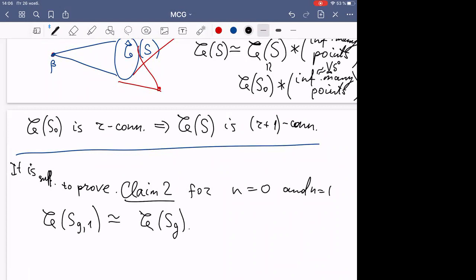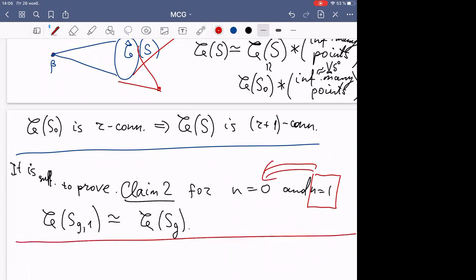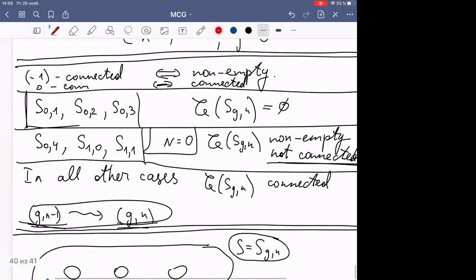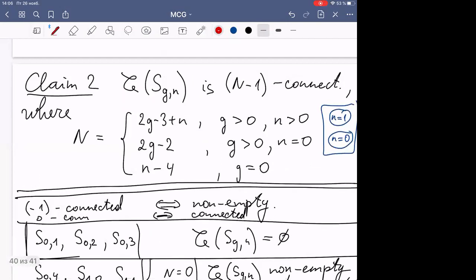So actually, it is sufficient to prove it only for n equals 1. And it follows for n equals 0, since up to homotopy equivalence, this is the same complex. So it is interesting, but n equals 1 is easier than n equals 0 here. Yes, there is one special case.